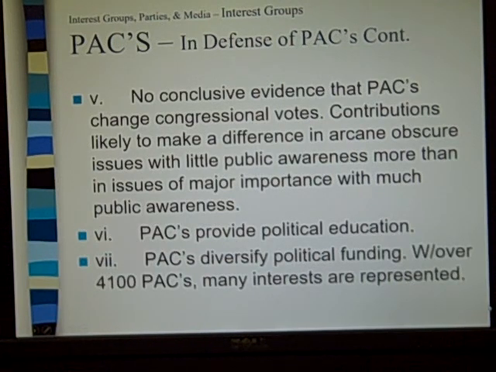Next, we have no evidence, and this is a really good thing, and at least makes political action committees somewhat tolerable. We have no evidence of political action committees actually influencing or changing the vote of an individual senator or representative. Okay, when we go back to everything that I told you, the political action committees are giving money to individual candidates, right?